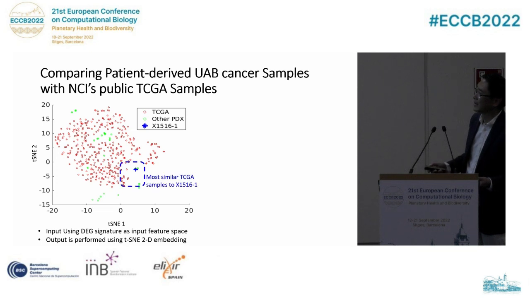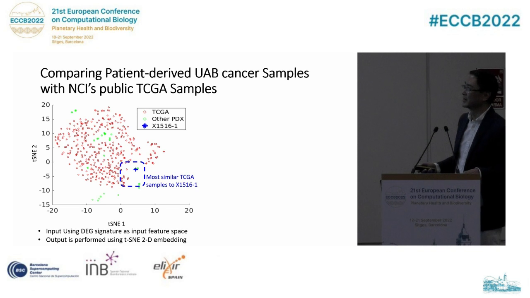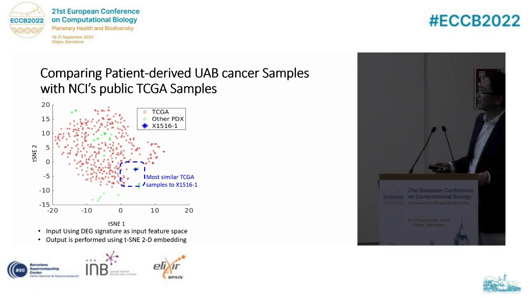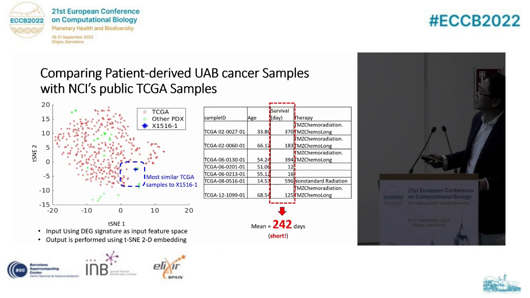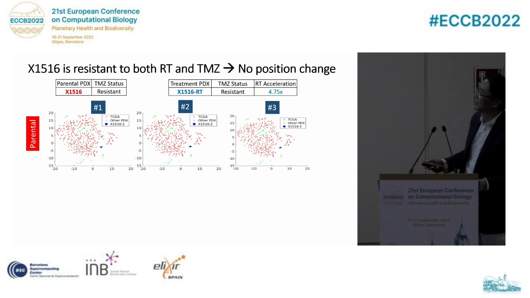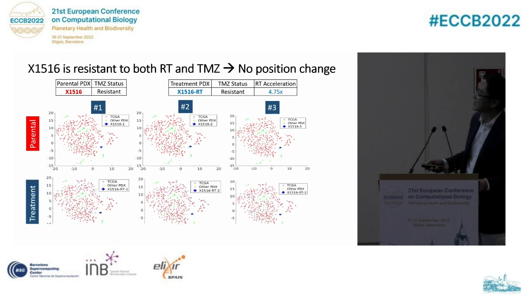We look at the neighborhood and find the enriched disease-specific survival data, because we would assume that the survival of the neighborhood could tell us something about this sample. So we look at all the survival data and average it. The mean is 242 days. If you look at these three, X1516-1, 2, and 3, they're pretty consistent, and the embedding neighborhood is consistent.